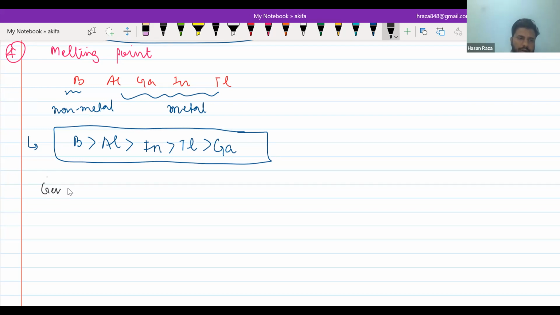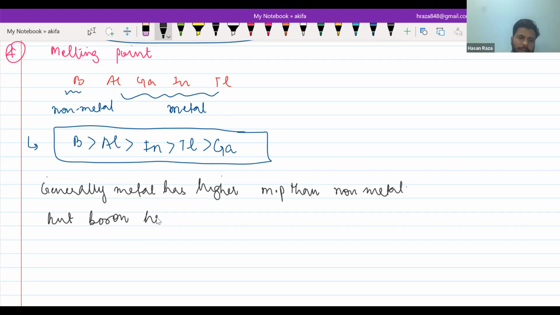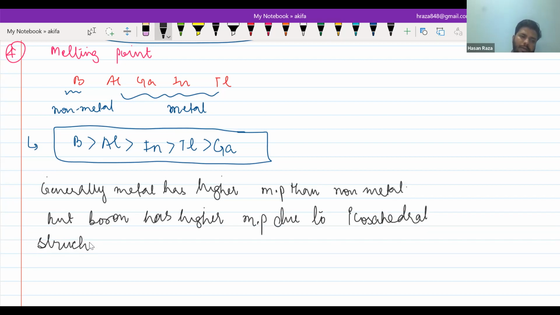So I'm going to write: generally, metals have higher melting point than non-metals, but boron has a higher melting point due to its icosahedral structure, a hard crystalline solid.